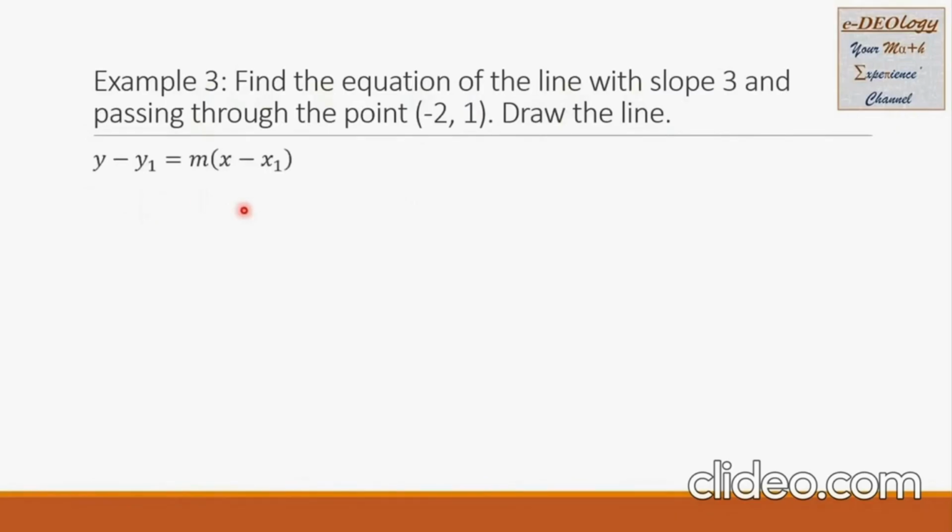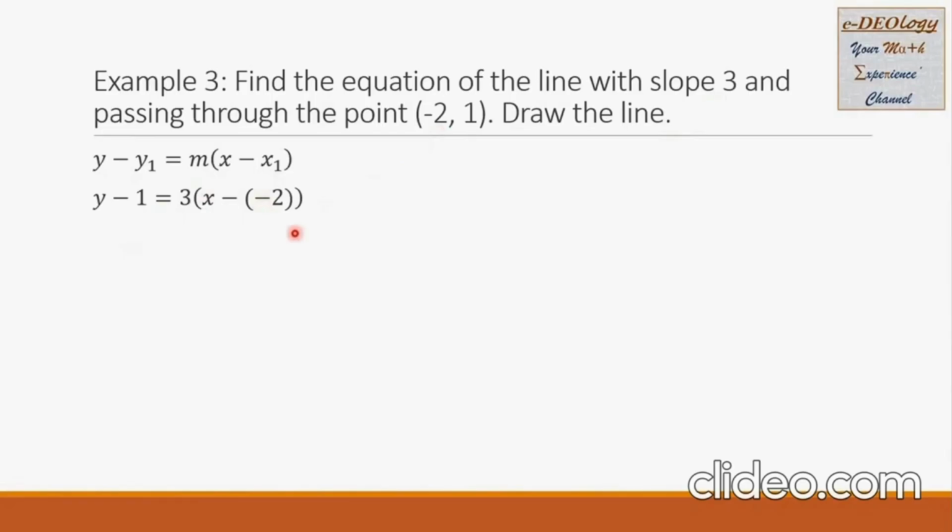Let us now substitute the slope and the ordered pair of the point respectively. y minus y sub 1, now the y sub 1 becomes 1, equals m, which is now changed into 3, times the quantity x minus the x sub 1, which is now changed into negative 2.